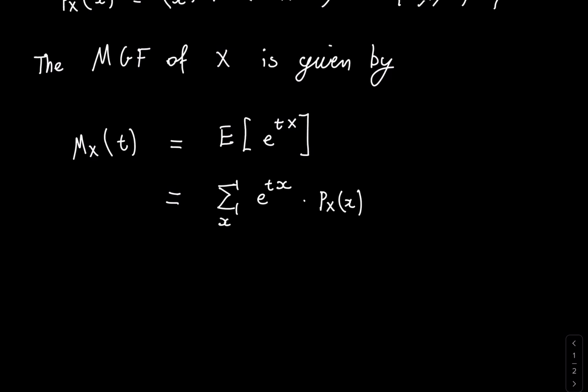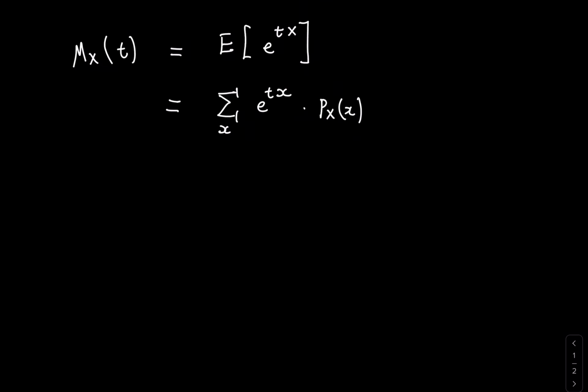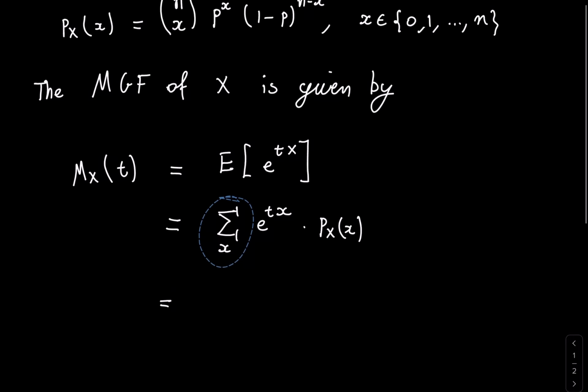probability mass function. Then we're going to substitute in our expressions. First, we look at what possible x values we can sum over: 0, 1, 2, all the way to n.